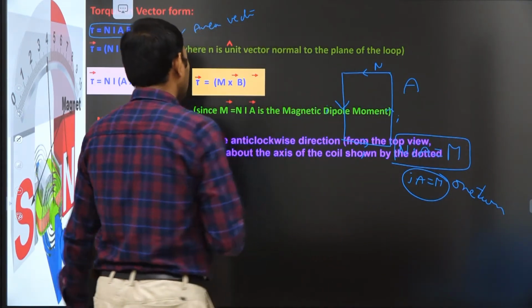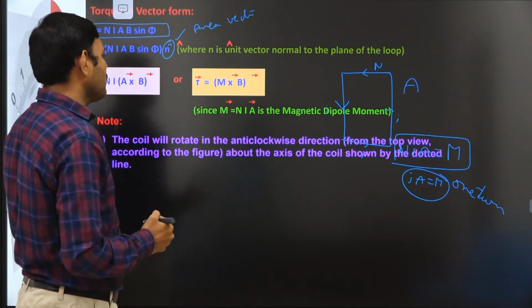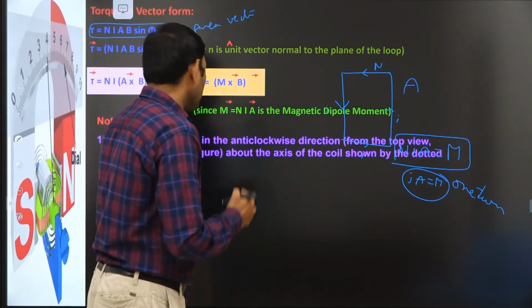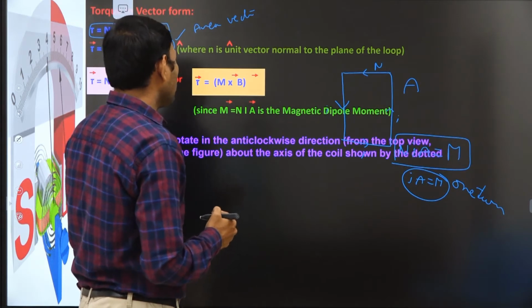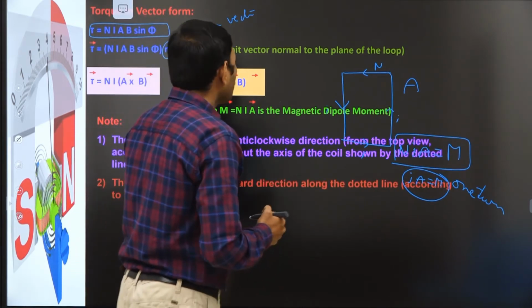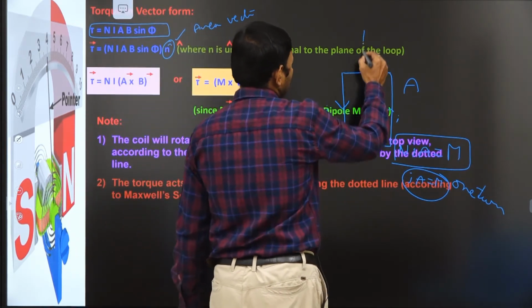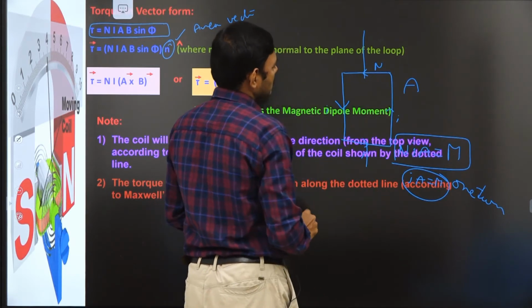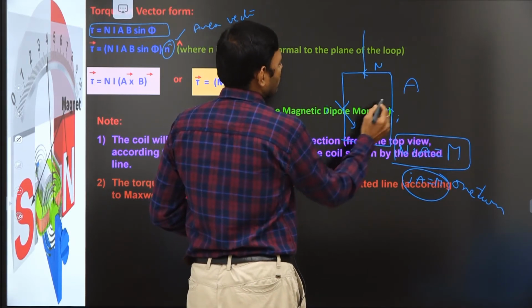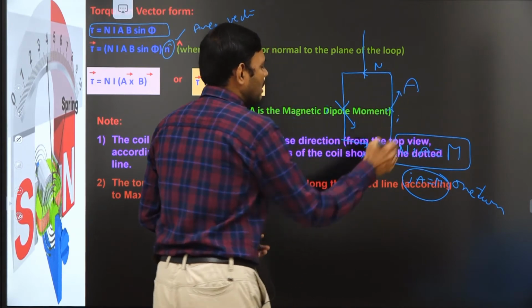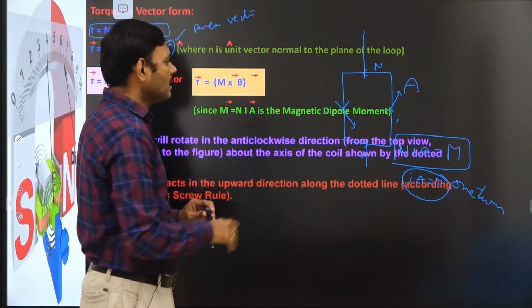The coil will rotate in the anti-clockwise direction from top view according to the figure, about the axis of the coil. Suppose the current is travelling like this, then the forces are acting out of the board and into the board as drawn respectively and rotate the coil.